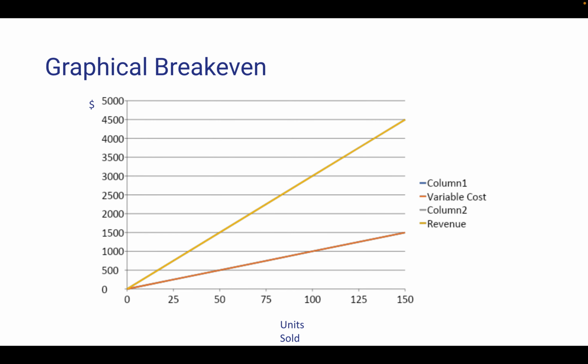Now we're adding the costs. The variable costs are pretty straightforward. If I produce and sell no units, then my variable costs are zero, but the more I produce, the more these costs increase. At 100 units, I have $1,000 variable costs.